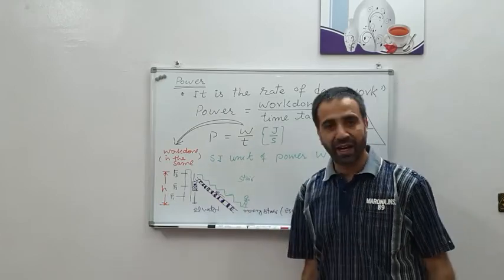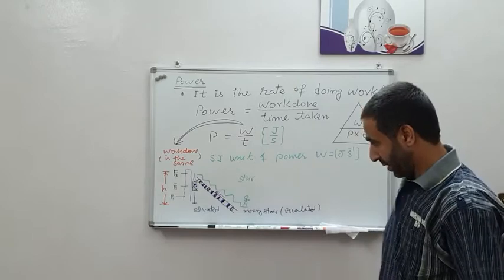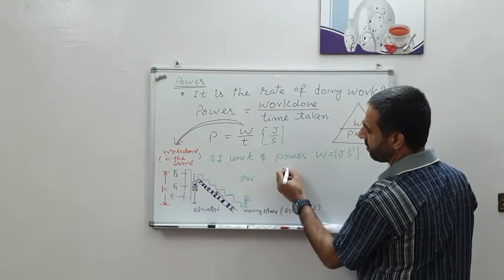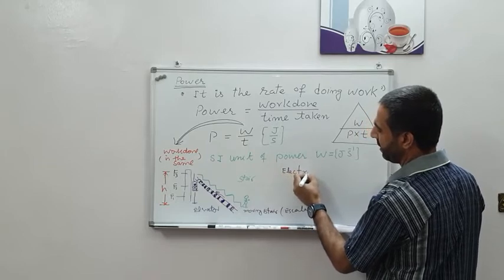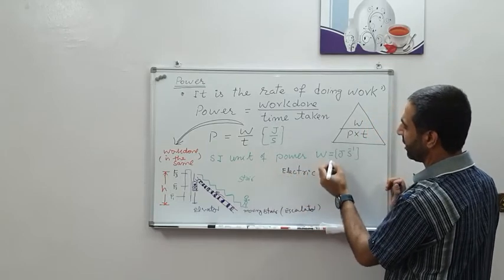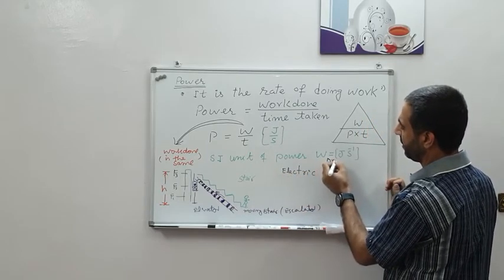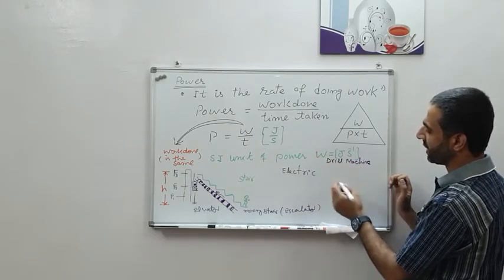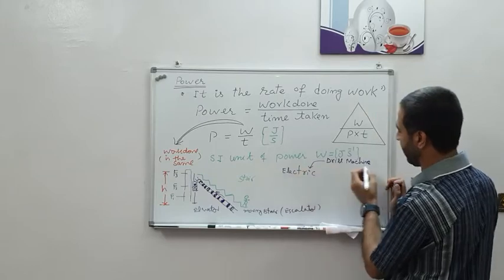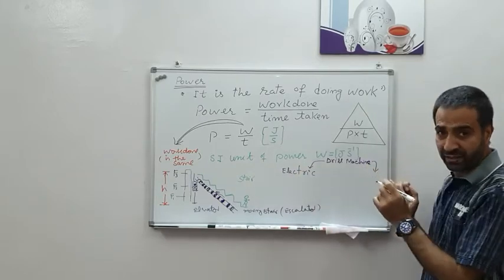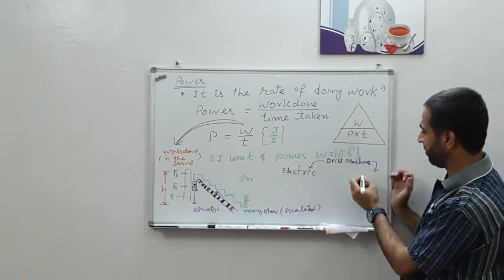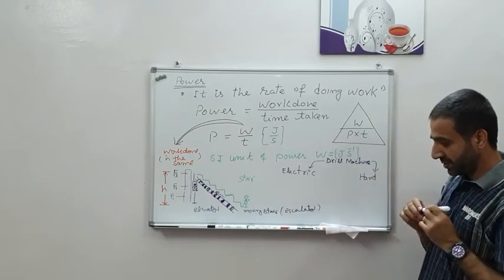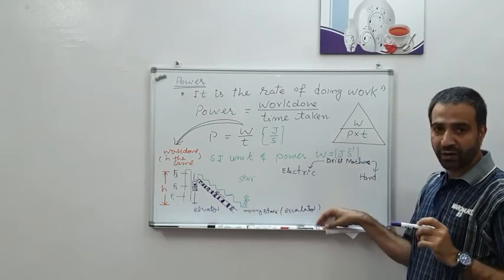Another example I would like to tell you. For example, if you have the electric drill machine, the one which makes holes in the wood or the wall. You have one, the electric drill machine, and you have one, the hand drill machine, the handmade drill machine, which you have in your hand.